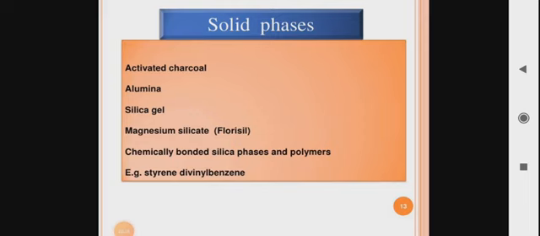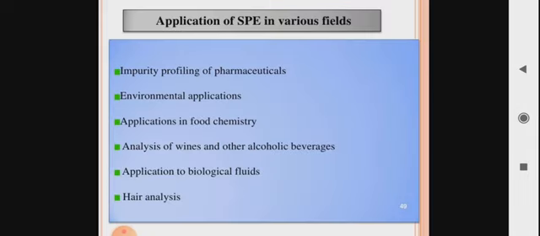So these are different solid phases: activated charcoal, alumina, silica gel, magnesium silicates, chemically bonded silica phases and polymers, for example styrene divinyl benzene. These are the different sorbents used in the solid phase extraction method.